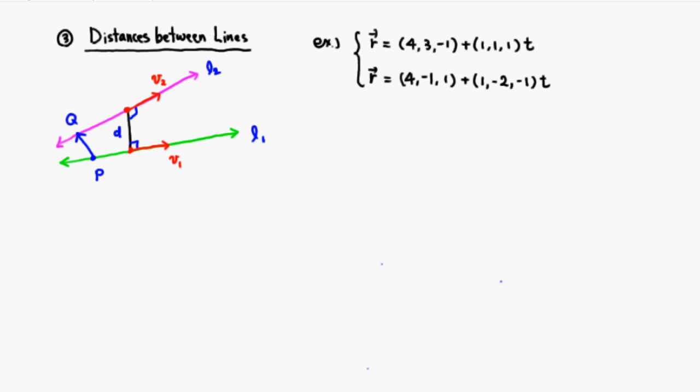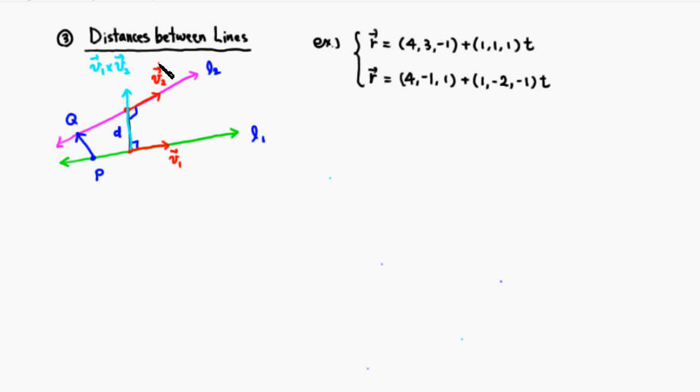So we want the direction vector going in this direction. We can achieve that by taking the cross product of V1 and V2.